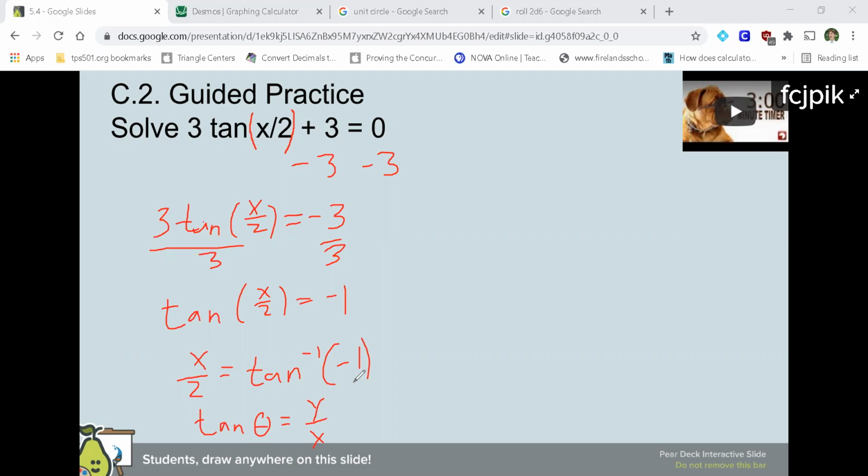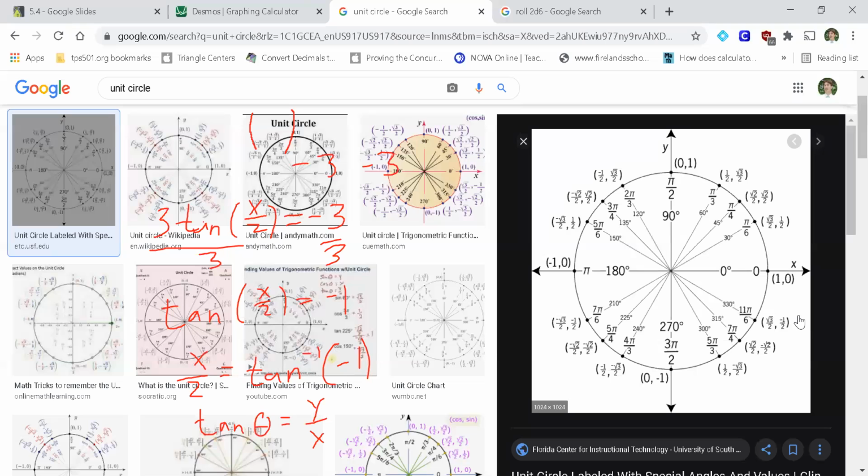And in order for them to be negative, they would have to be the same amount but with different signs, one positive, one negative. So where on the unit circle do I have the same y and x values, but just opposite signs? Yeah, 135 and 315. See that?